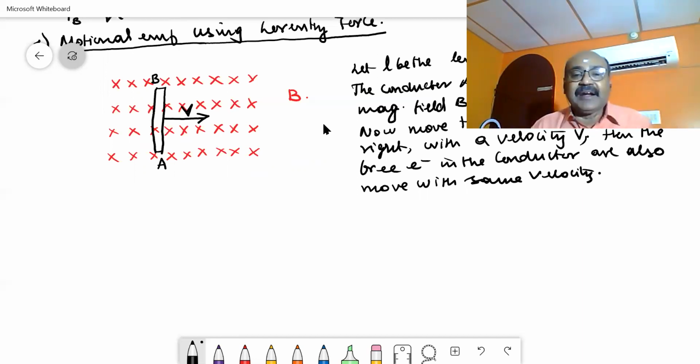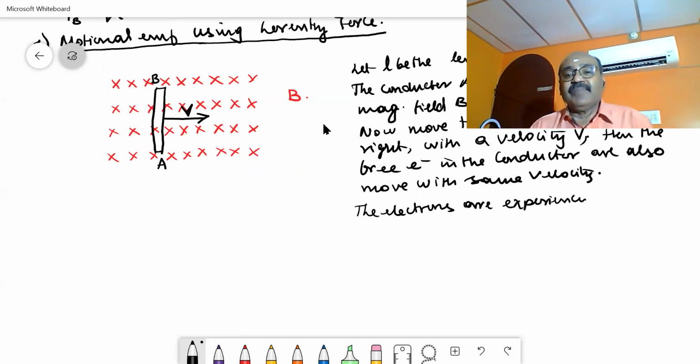Since the free electrons are moving with the same velocity, the electrons are experiencing a force called the magnetic Lorentz force.